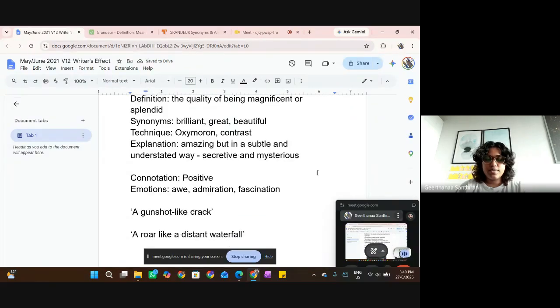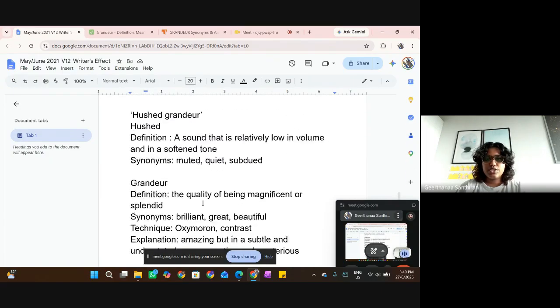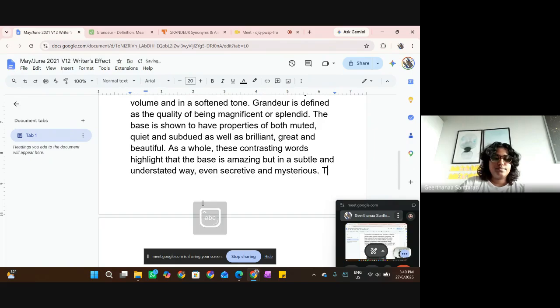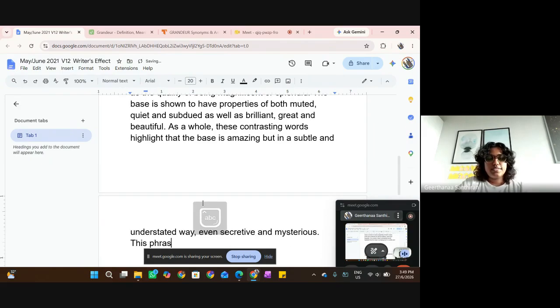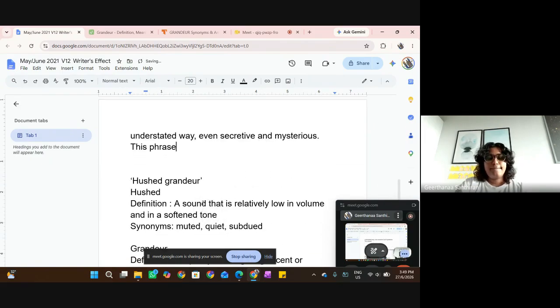So we just have to end it with our connotation and emotions. So this phrase has a positive connotation and evokes emotions of awe, admiration, and fascination.